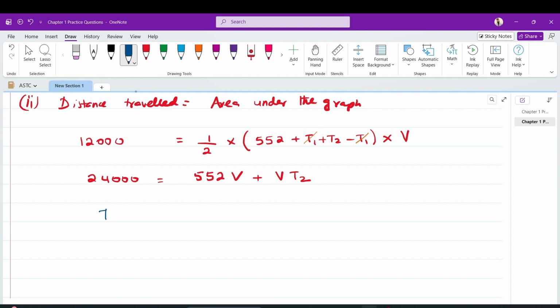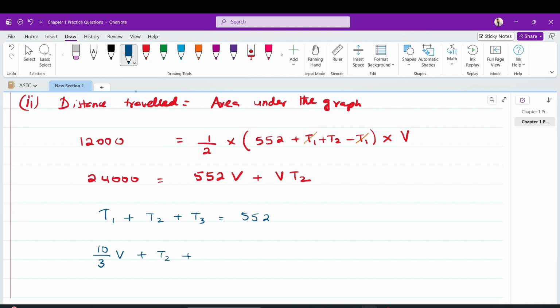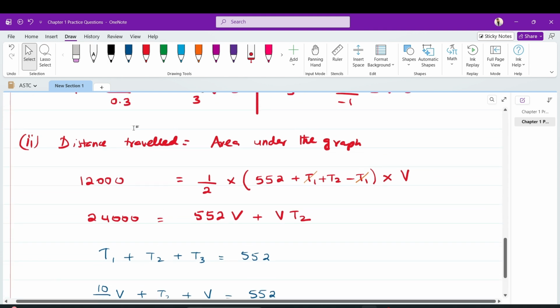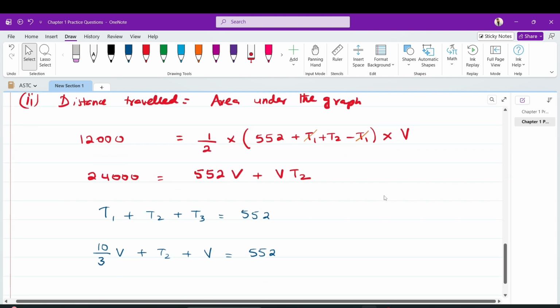So now we know that t1 plus t2 plus t3 equals 552 seconds. t1 was already expressed in terms of v as 10 upon 3v, plus t2, and t3 was expressed as v, equals 552. So I got these values from here. So t1 is 10 over 3v and t3 is v. Okay.